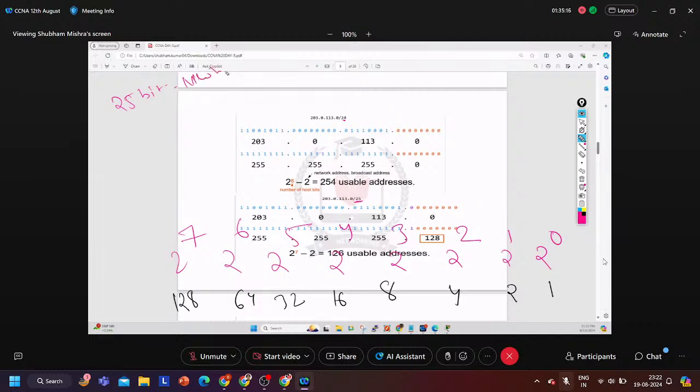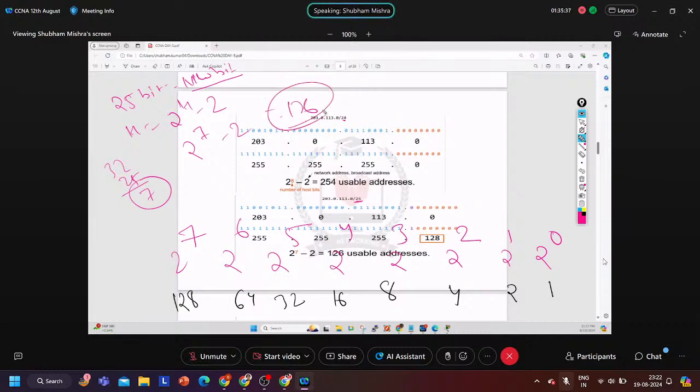If you have the number of network bits, how many host bits? 7. 2 to the power h minus 2. So 2 to the power 32 minus 25. How much? 7. 2 to the power 7 minus 2. How much? I think 126. It means a total of 126 usable IP addresses you guys will get.